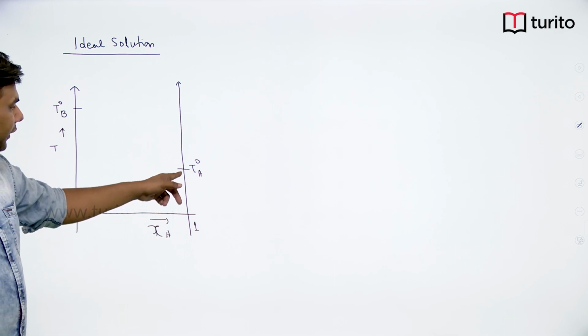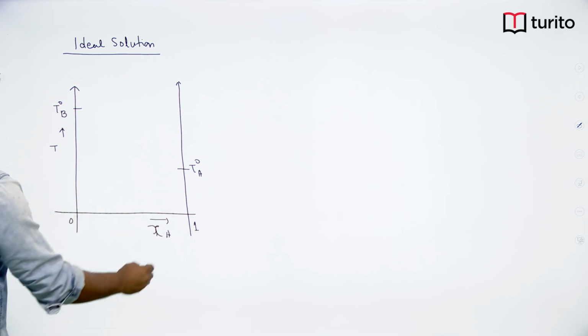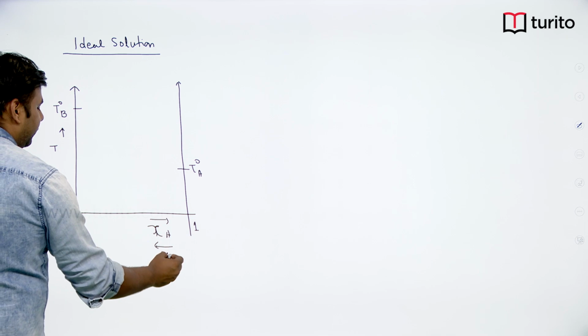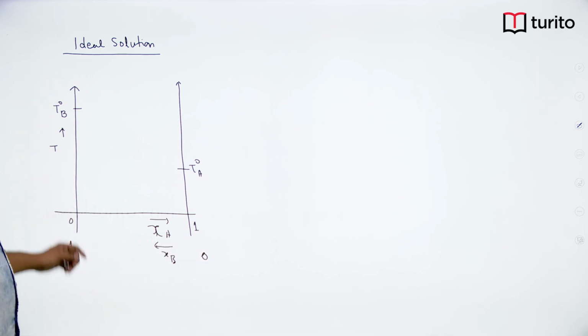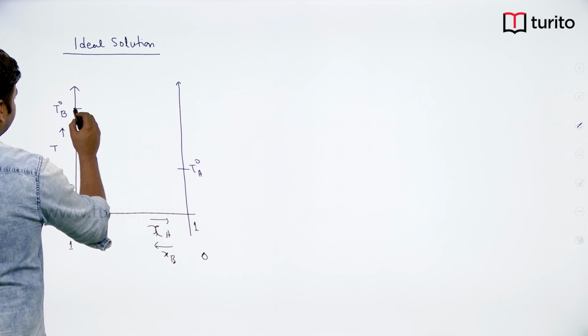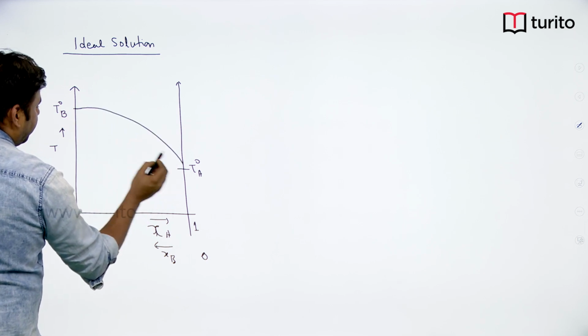Let the boiling point of A be T naught A, and here we know that XB was 0 and here it is 1. So at this point only pure B is present, whose boiling point would be T naught B. We know that the temperature versus mole fraction graph was something like this.